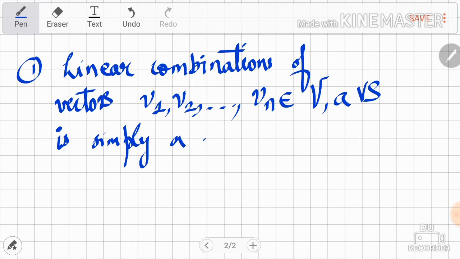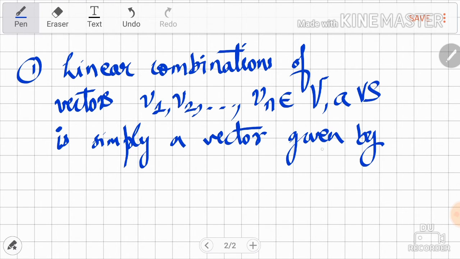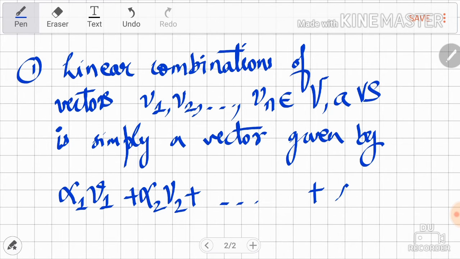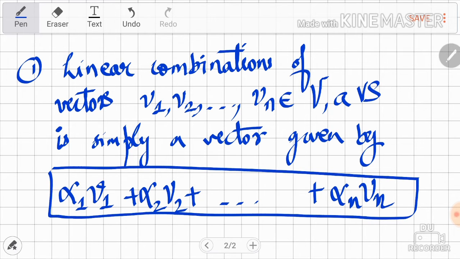What do you mean by the scalar multiples? It means that v1 is multiplied by some scalar, let's call it alpha 1, v2 is multiplied by some scalar, let's call it alpha 2, and so on up to vn. This new vector is called the linear combination of v1, v2, and so on up to vn.